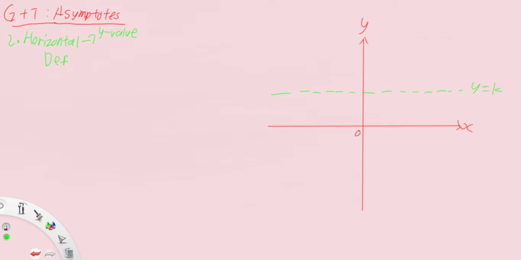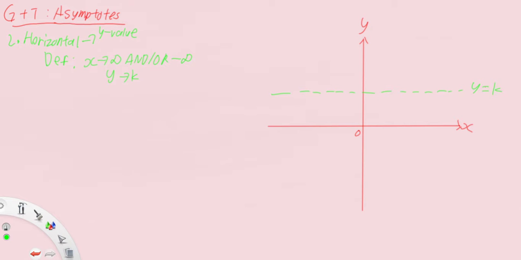So instead of x approaches k, y approaches infinity, it would be as x approaches infinity and/or negative infinity, y approaches k. Alright, so this is the definition.